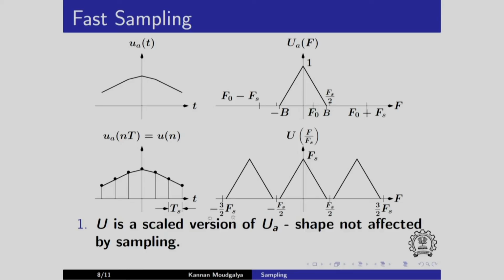So notice that u is a scaled version of this ua, the shape is not affected by sampling. You get the shape exactly here. Moreover, because of this, ua can be recovered from u. Supposing I look at this and I take out the middle portion, I will get this back.